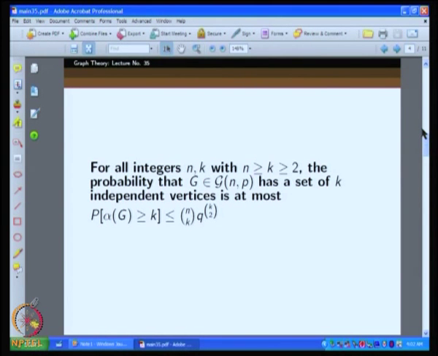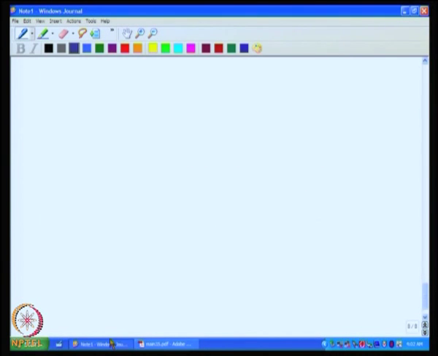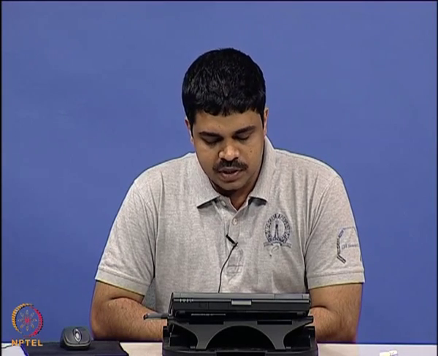So, to summarize, in this G(n,p), the calculations become easy because the probability that a particular edge is present in G(n,p) is p, and the event that a particular edge E1 is present and the event that a particular edge E2 is present are independent events.